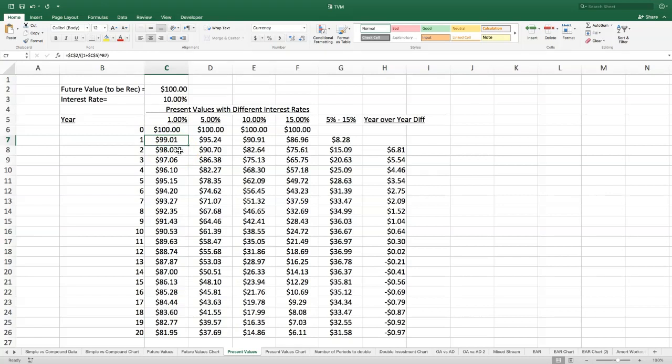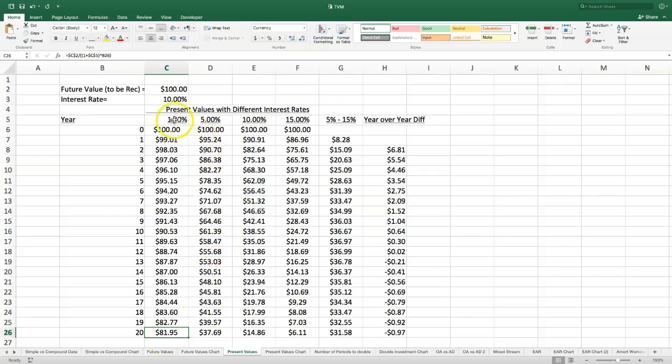So if we invested today $99.01 at 1% interest compounded, we would end up with $100. Now the present value of $100 to be received in 2 years is $98.03, and the present value of $100 to be received in 10 years at a 1% interest rate is $90.53, and the present value of $100 to be received in 20 years is $81.95.